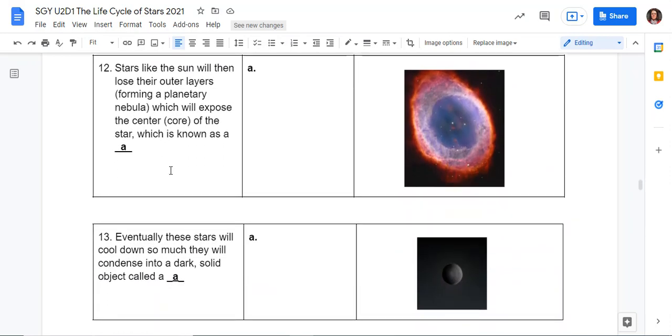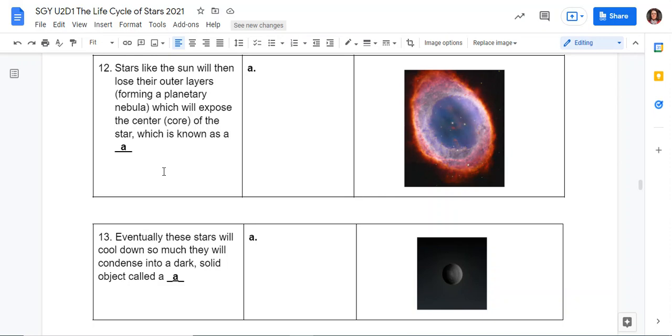Stars like the sun will then lose their outer layers and form a planetary nebula, one of the most beautiful celestial objects we can see, planetary nebulas, which will expose the center core of the star, which is known as a white dwarf. That's just the remnants of a sun that has gone red giant, and its outer layers have dissipated, gone out.